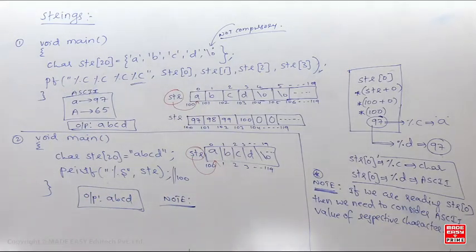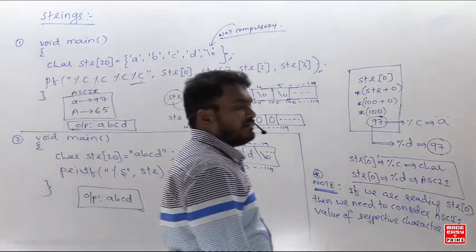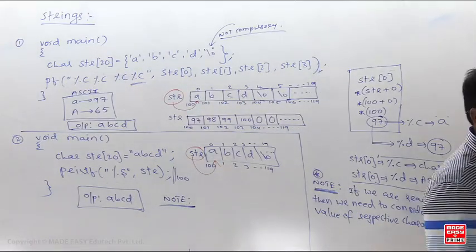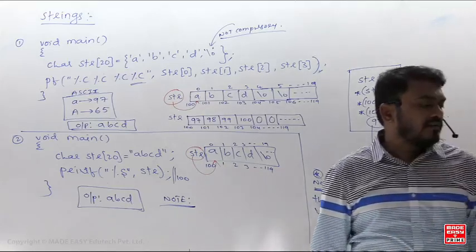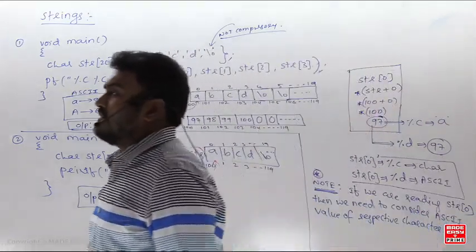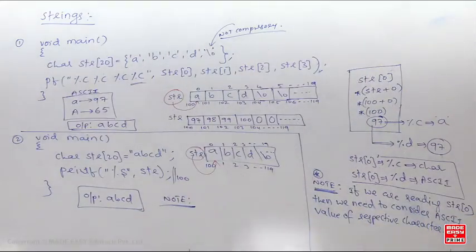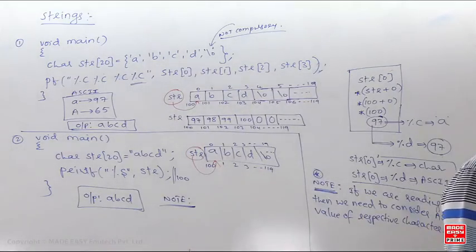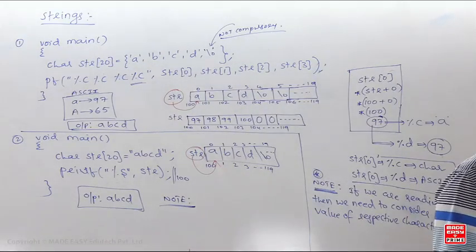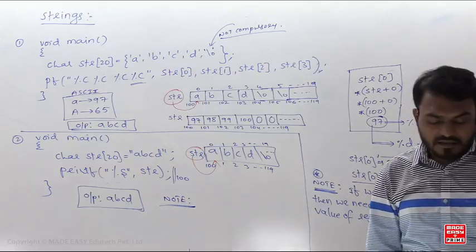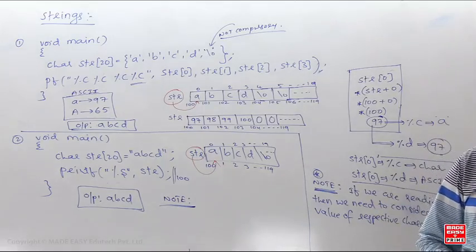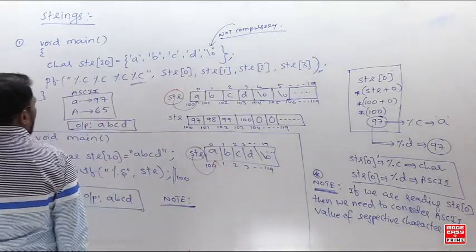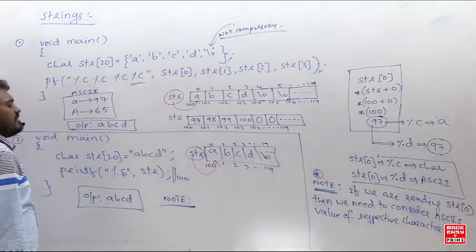From the base address provided, it prints all the characters until the null character.